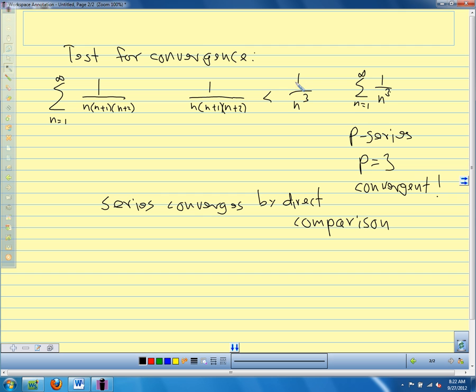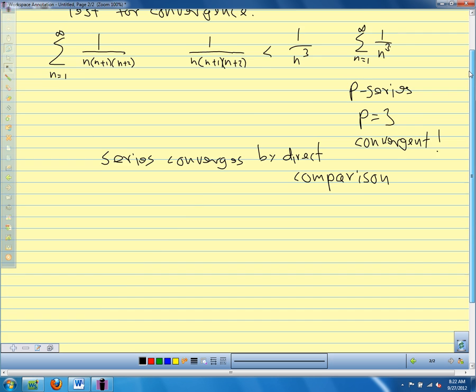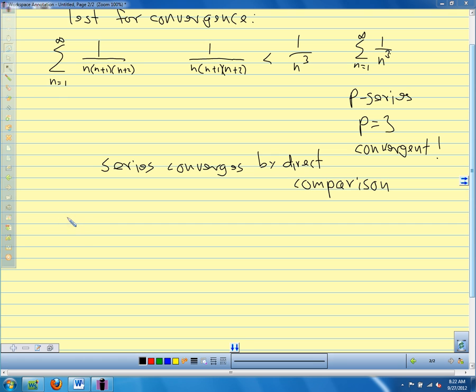All right, let's look at another one. We want to look at the sum n equals 1 to infinity of 1 over. Are we always going to make the series that we're comparing smaller series?